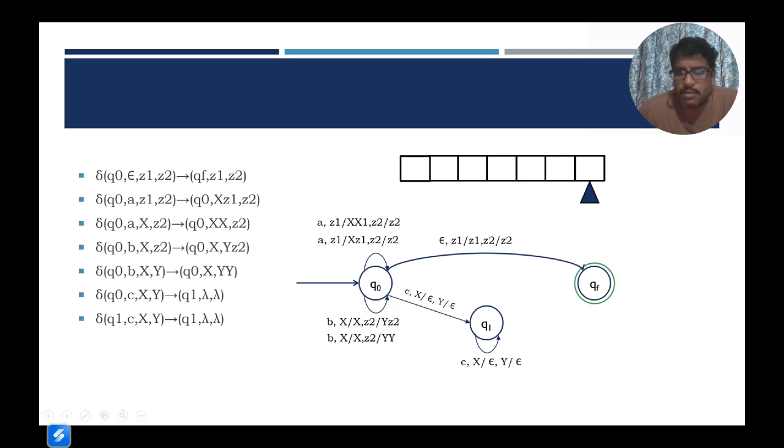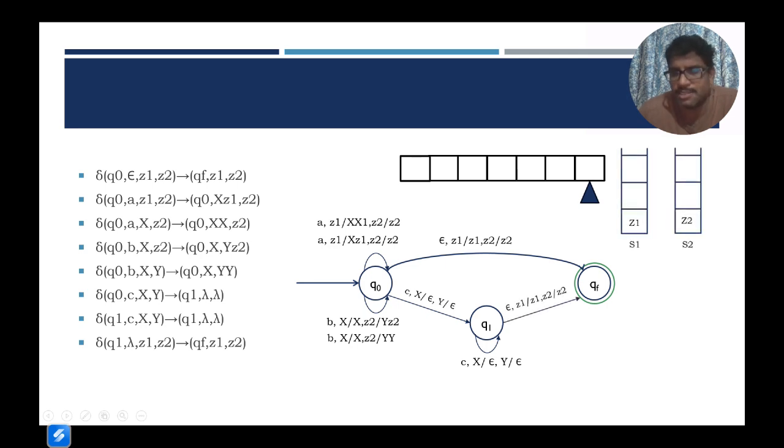Next, we are not having anything, that is epsilon, so the final transition will be like this: delta comma lambda or epsilon z1 comma z2. Now while reading the epsilon, it moves to the final state, QF. Both the stacks are empty.